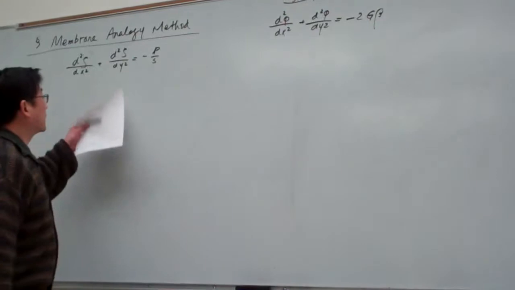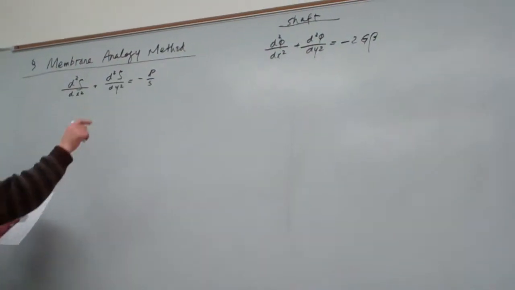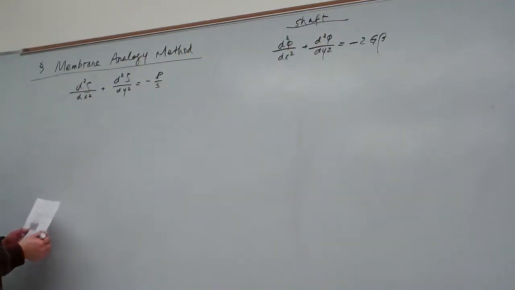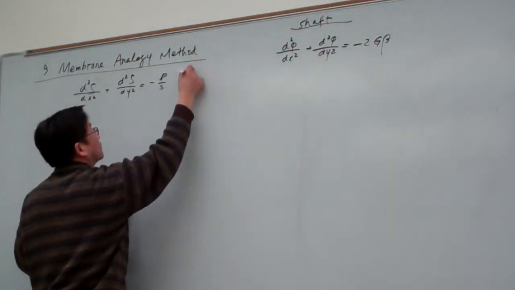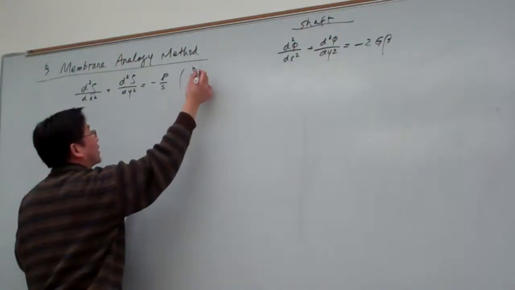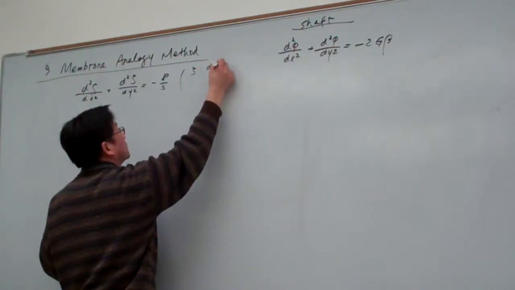One is the shaft, one is the membrane. So here you can see we compare that, it really is a one-to-one mapping. Here, zeta is the deflection.